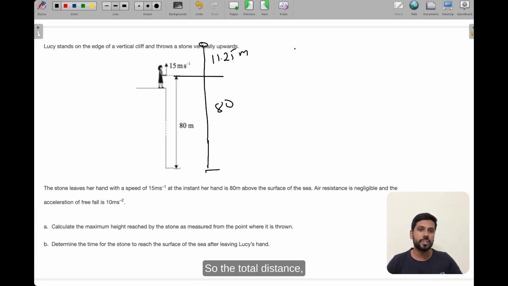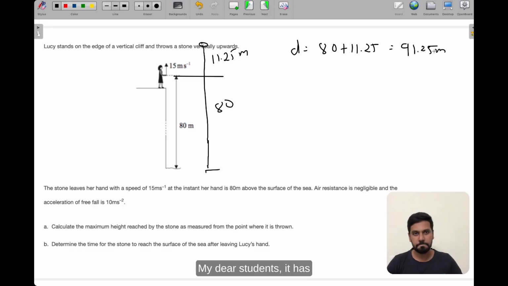So the total distance traveled by the stone is going to be 80 plus 11.25, and that's going to be 91.25 meter, my dear students. It has to travel 91.25 meter.